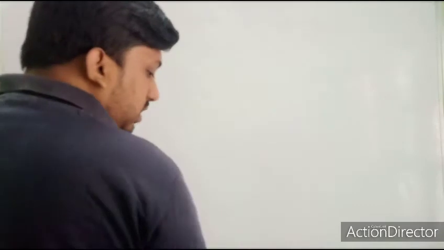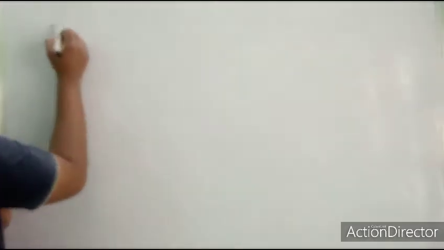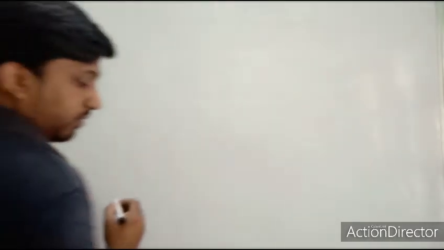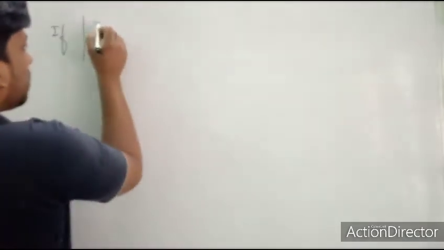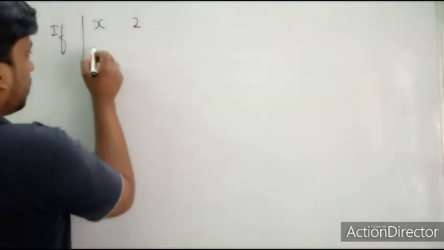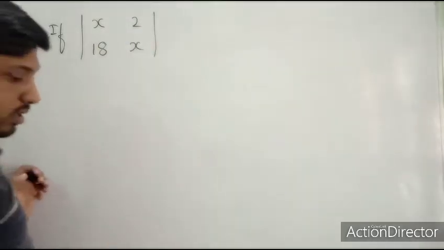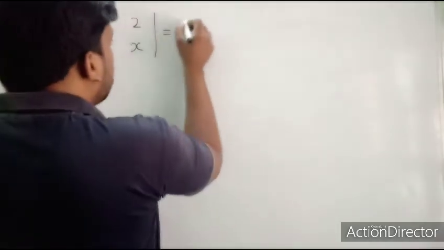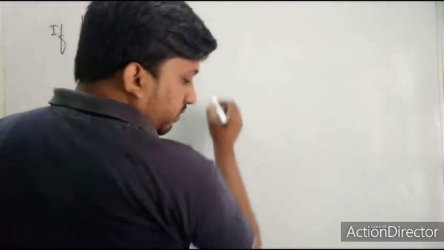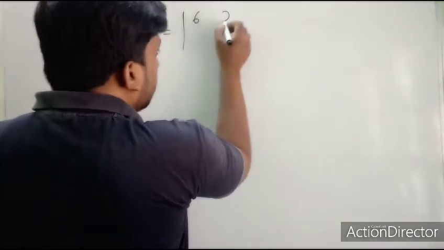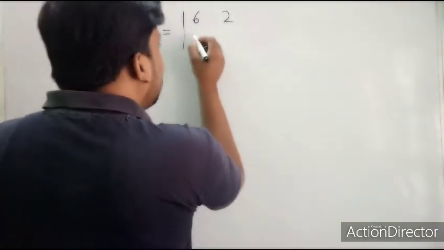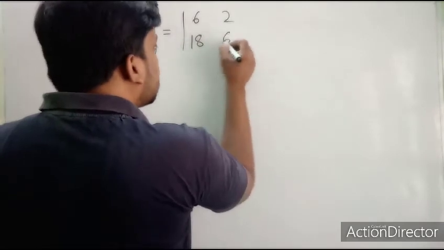Okay, so next we have the determinant of x, 2, 18, x is equal to the determinant of 6, 2, 18, 6.